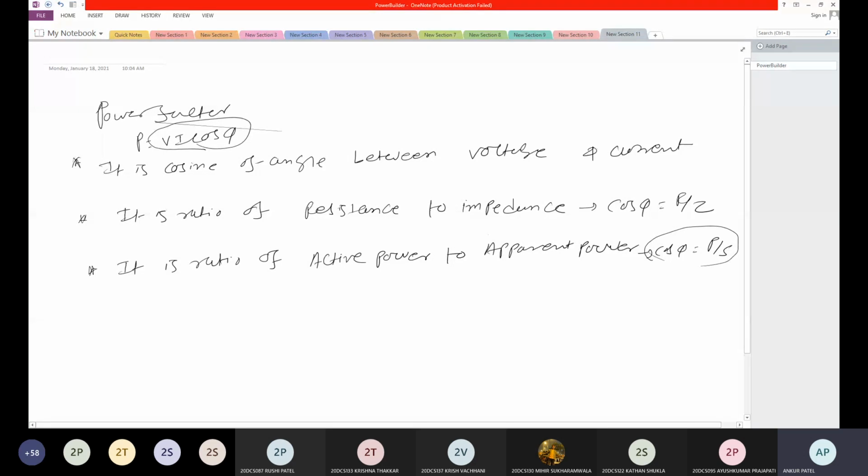There are different methods for power factor improvement: static capacitor, synchronous condenser, and phase advancer.